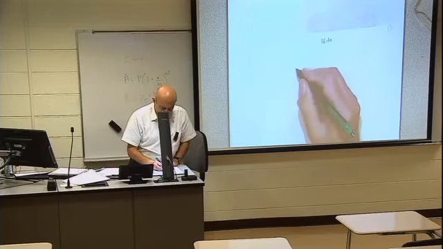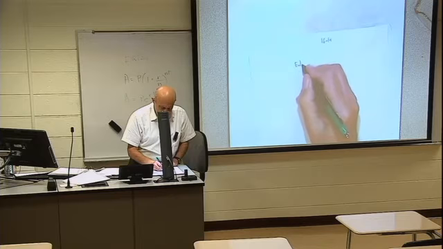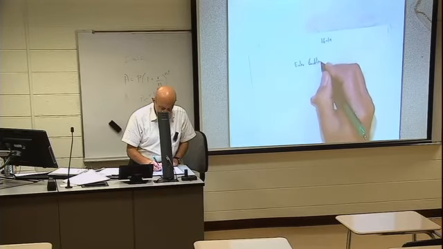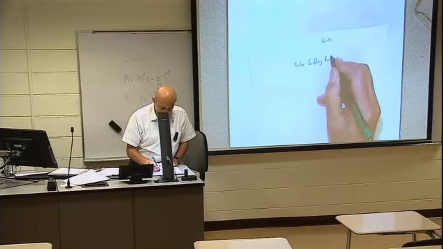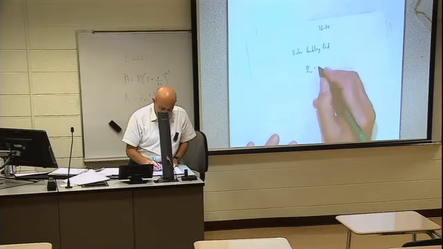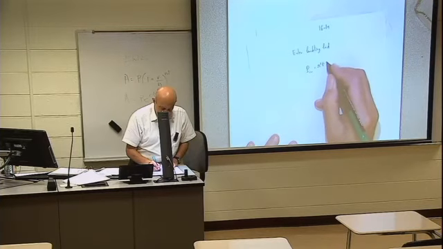When we say Euler buckling load, that equals P critical equals pi squared EI over L squared.